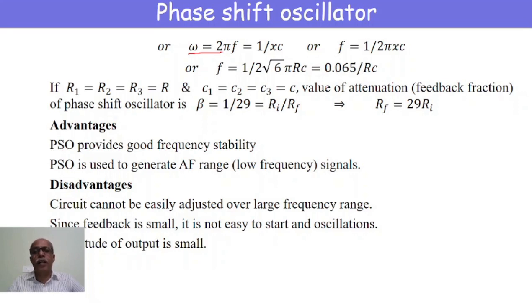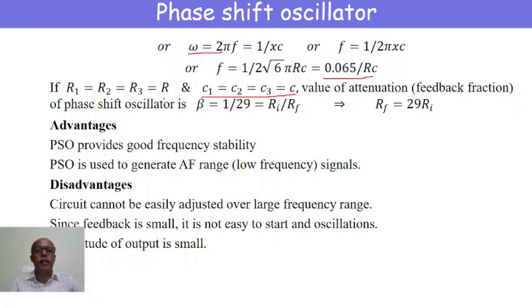Simplifying this, we get f is equal to 0.065 divided by RC.